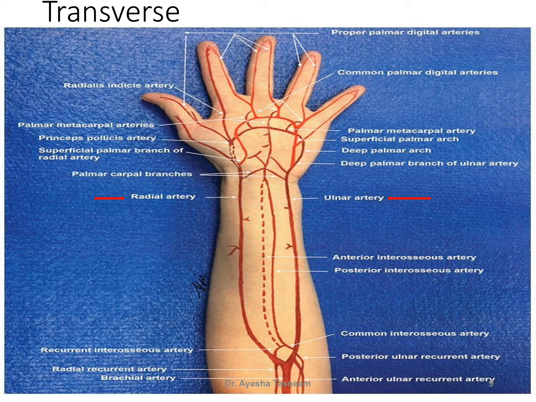Here you can see the best example is the ulnar and radial arteries. This is the radial artery, and this is the ulnar artery. They both go down, and at the wrist they are linked with one another by a transverse artery.